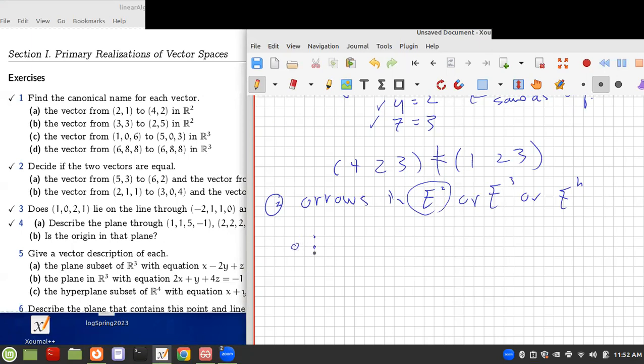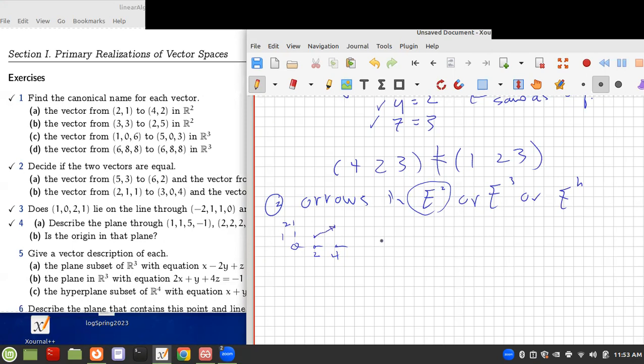Here's the origin. This is (2, 1) here. And the other one is (4, 2). So there's my arrow because it's going from this one to this one.